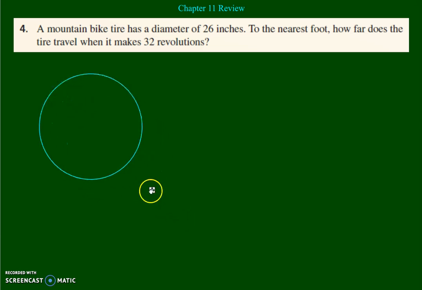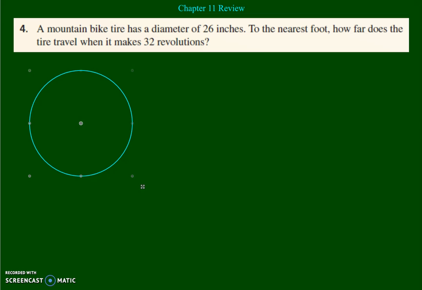Now if I have this tire and I'm going some distance with the tire, I want to see how far the tire rotates, how far the tire moves when it rotates. Well, what that's talking about is the circumference of the tire, and we're looking for 32 revolutions.